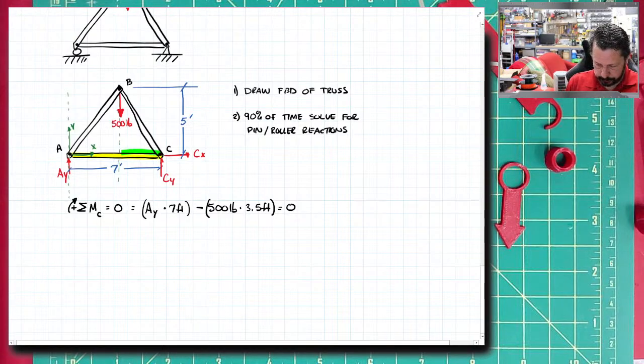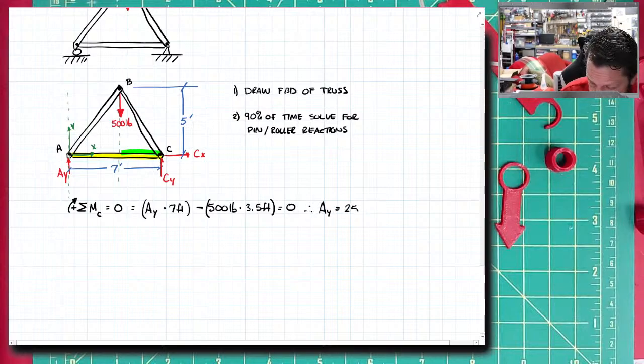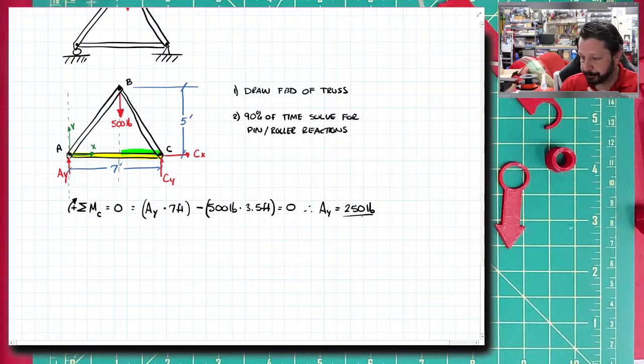So 500 times 3.5 divided by 7 is 250. Therefore, AY equals a positive 250 pounds. The positive on this number means that I drew AY in the correct orientation.